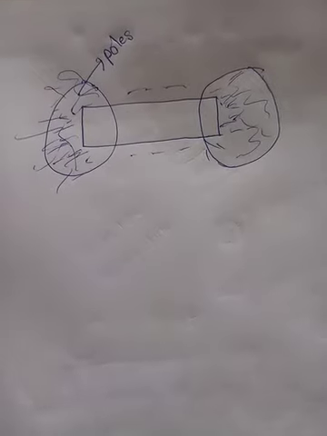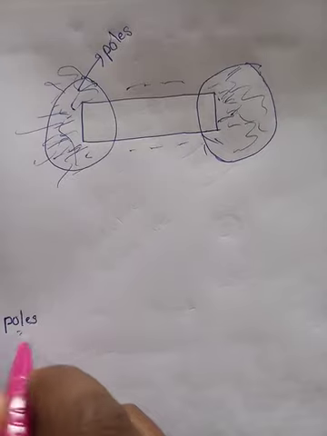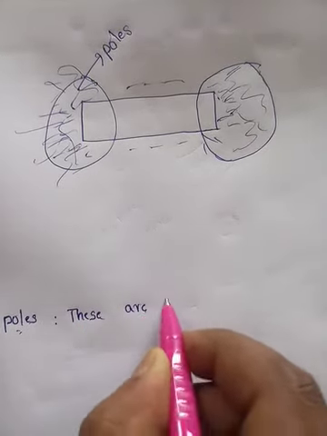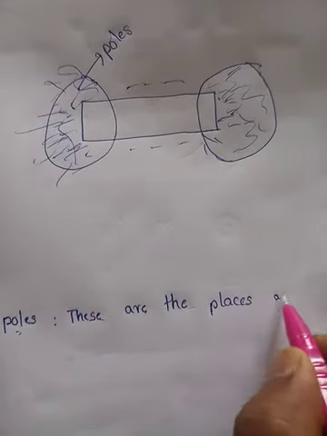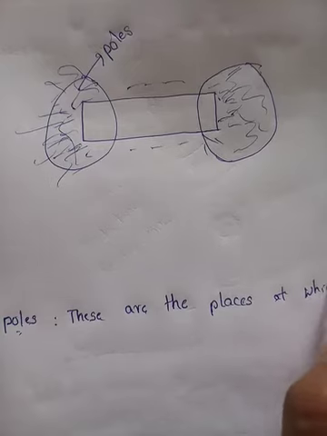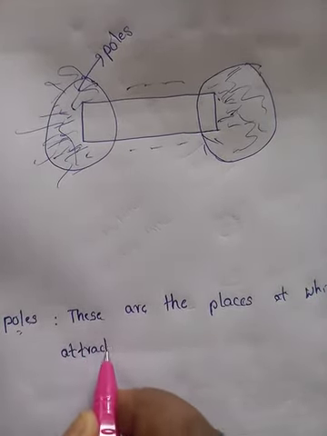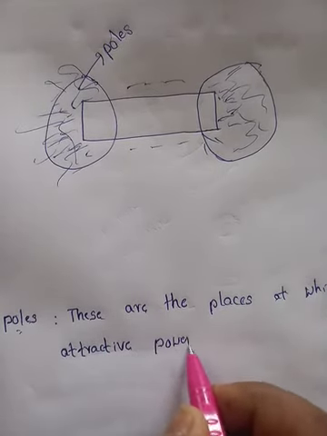So, we can define what a pole is. These are the places at which attractive power is more.